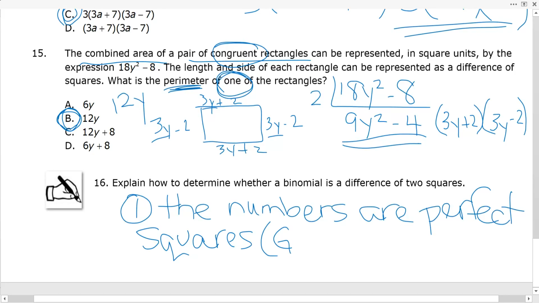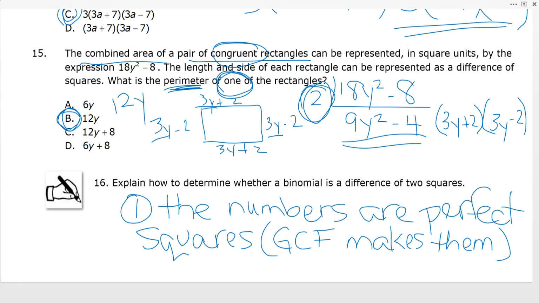Or you can take out a GCF. For example, in number 15 above, I divided by 2 and I got perfect squares. So 18 and 8 weren't perfect squares, but when I divided by 2, 9 and 4 were perfect squares. So I'm using 15 to explain what I just did. The numbers are perfect squares, or you can get to perfect squares by finding a GCF.